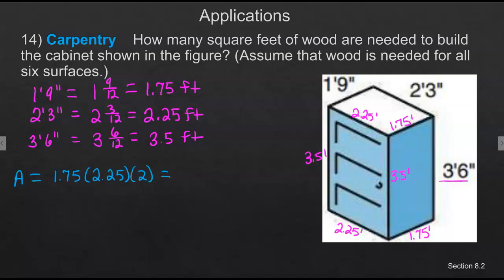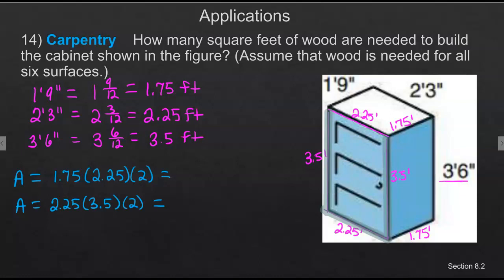And then let's do the area for the front. The area of the front is going to be 2.25 times 3.5 times 2 because we have front and back. So that would be this piece right here. My lines are a little bit wonky, but front and back, that's the second one.